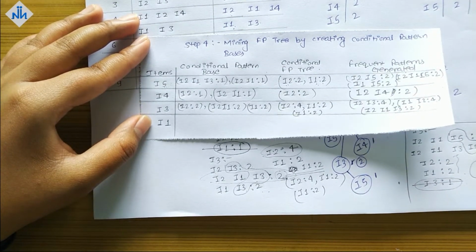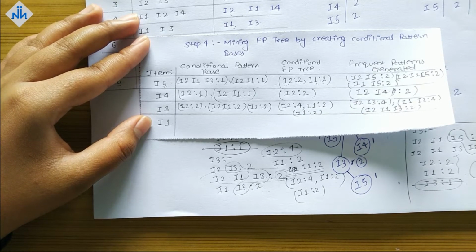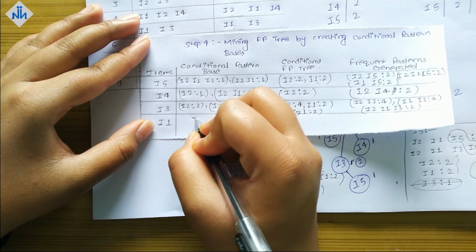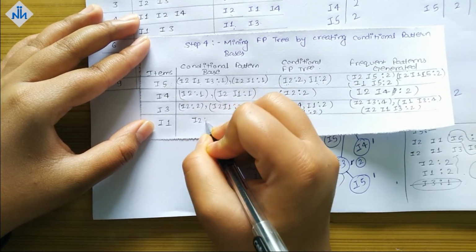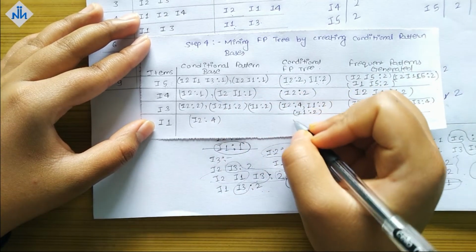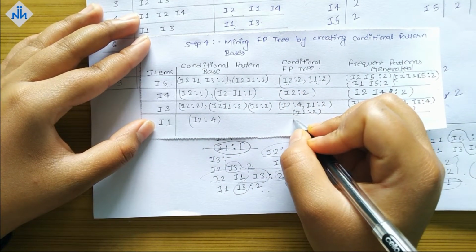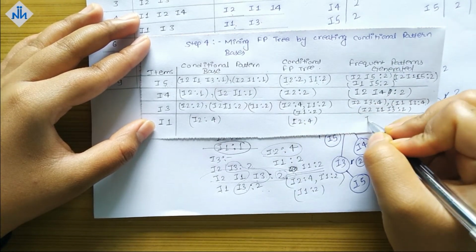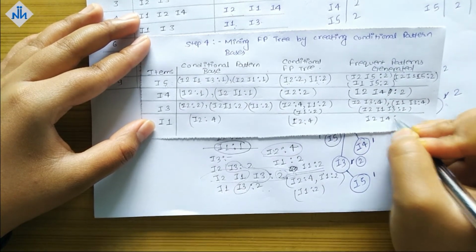Similarly, I1 you can calculate yourself, that is quite simple, and the answers for I1 are I2 I4, 4, then I2, 4, and then I2 I1, 4.